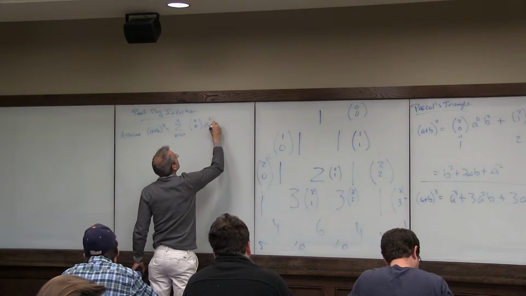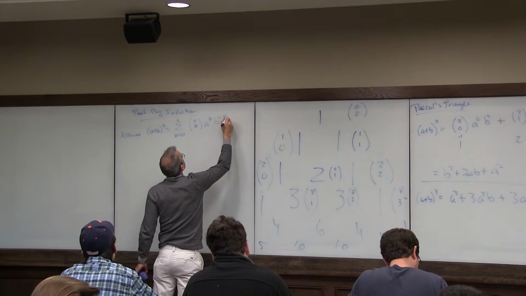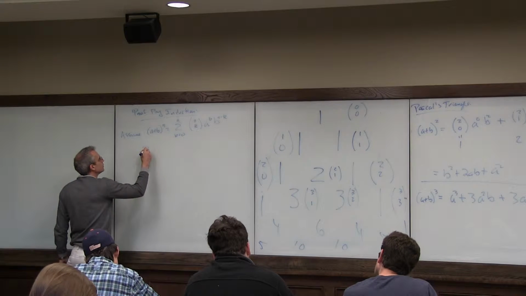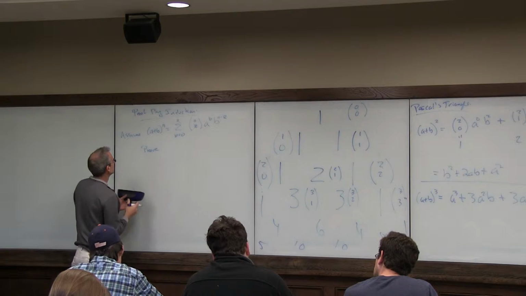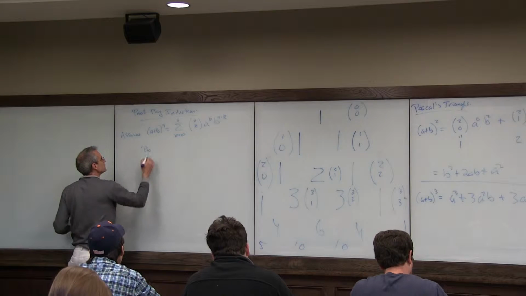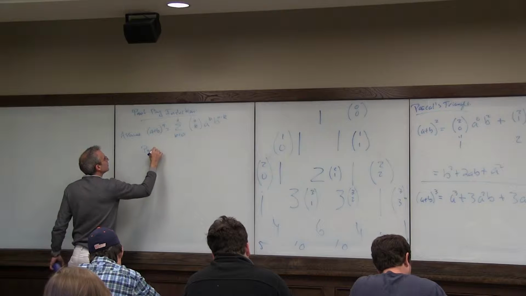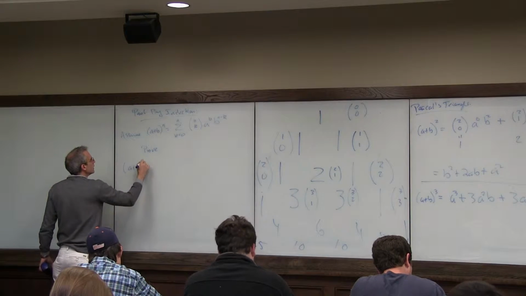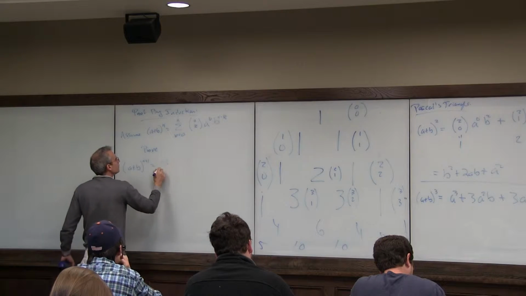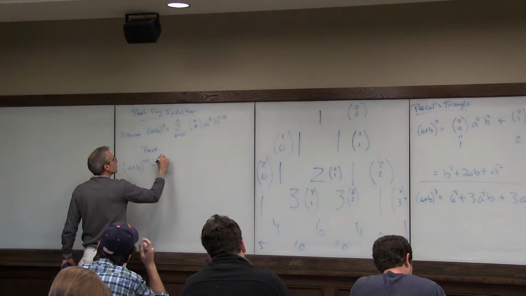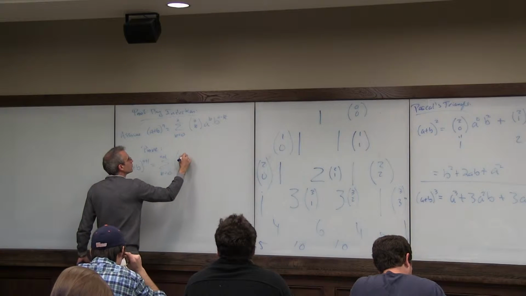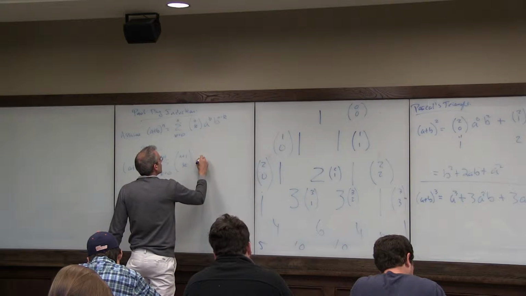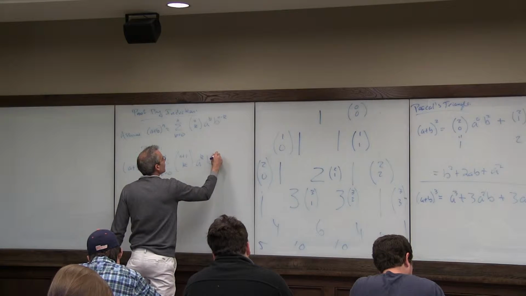a to the k, b to the n minus k. And we're going to prove that (a plus b) to the n plus 1 equals the sum from k equals 0 to n plus 1 of n plus 1 choose k, a to the k, b to the n plus 1 minus k.